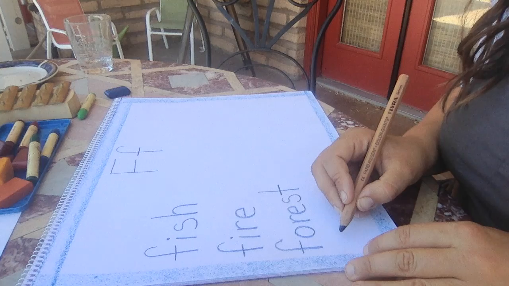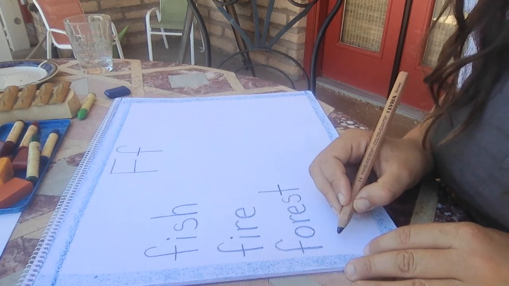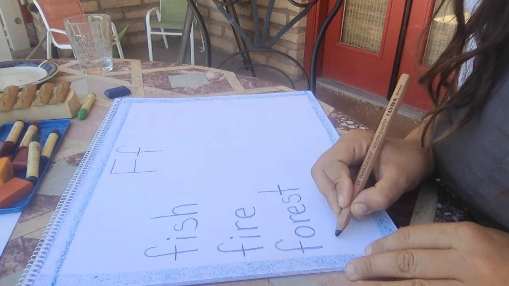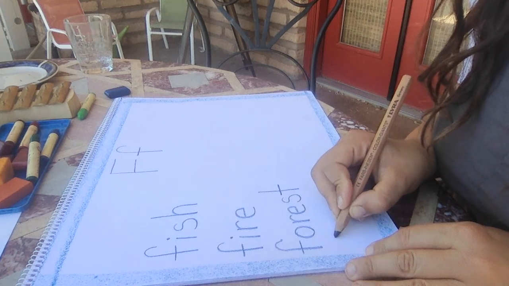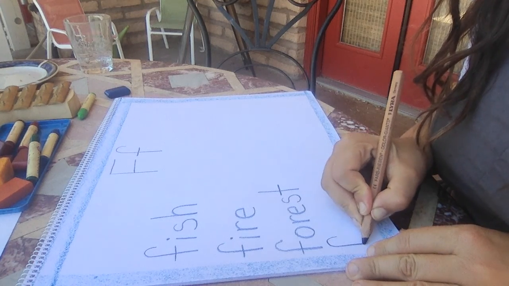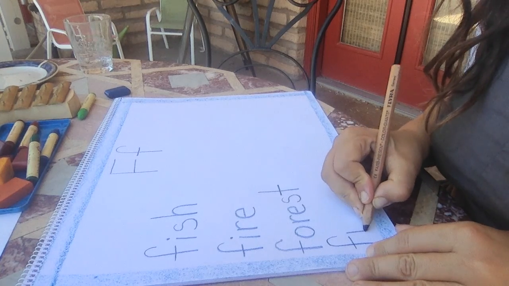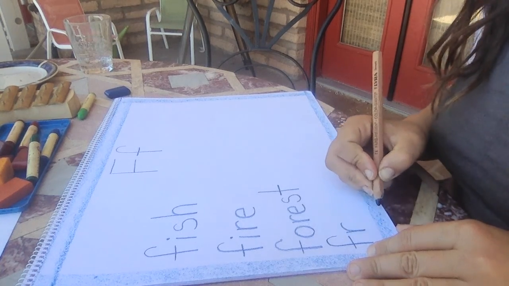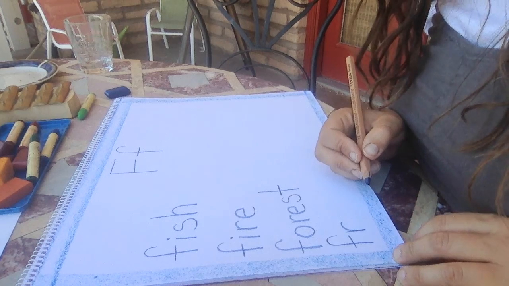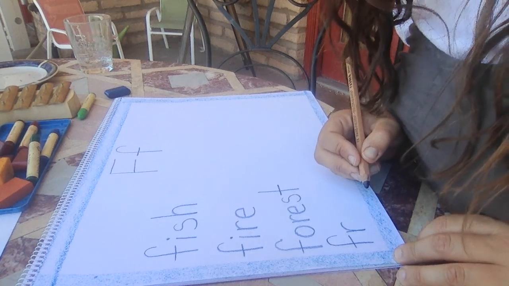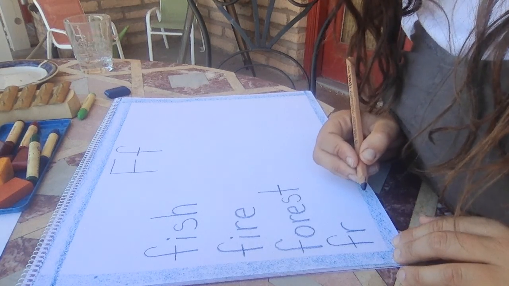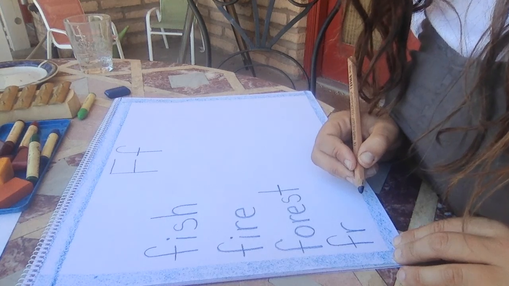Well. Let us add a friend to that forest so we are not so lonely. Friend. It sounds like the eh sound, and there is an eh, which is an e.